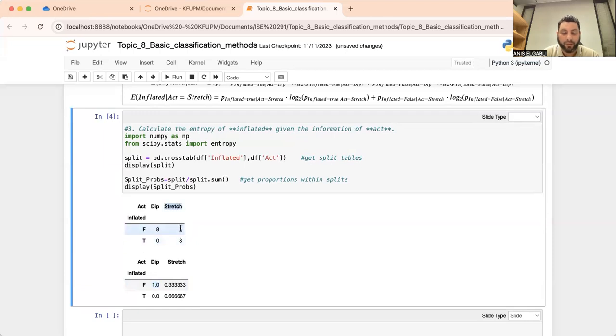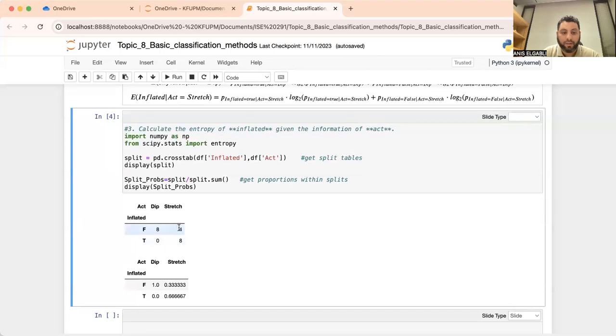These are the counts here, and here are the probabilities. Here is the number of samples in which inflated is equal to false given act is equal to stretch, and here is the number of samples in which inflated is equal to true and act is equal to stretch.